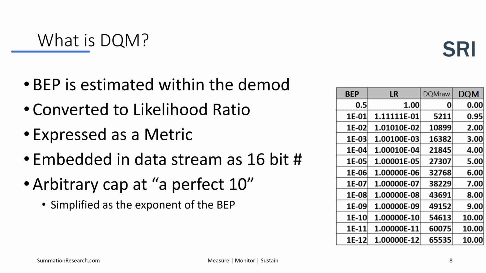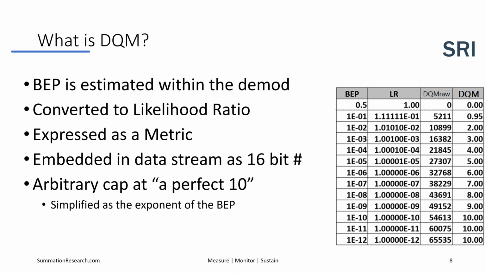Interestingly, the process is reversible. We can determine the likelihood ratio from the DQM and use the exponents of the likelihood ratio as a representation of the DQM. For example, if DQM equals 3, then bit error probability is 1e minus 3.